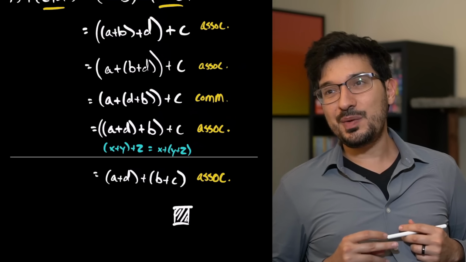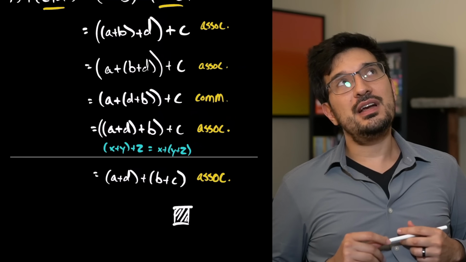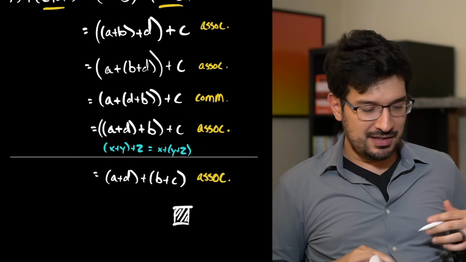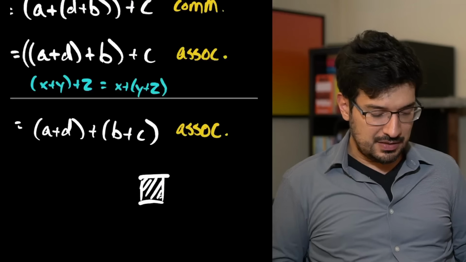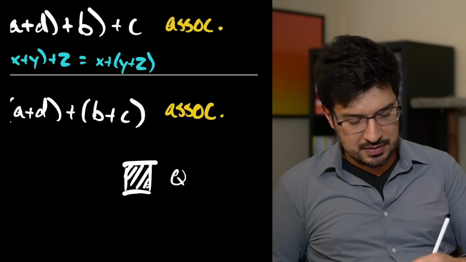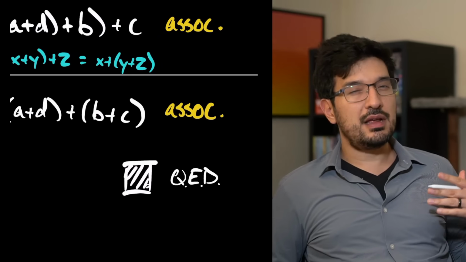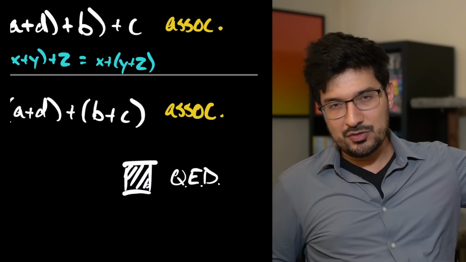The cute little square says, therefore, we are done. It's like proclaiming, thus the proof is complete. Another way to do this is to write QED, which I believe is Latin, and it means, therefore, it's demonstrated.